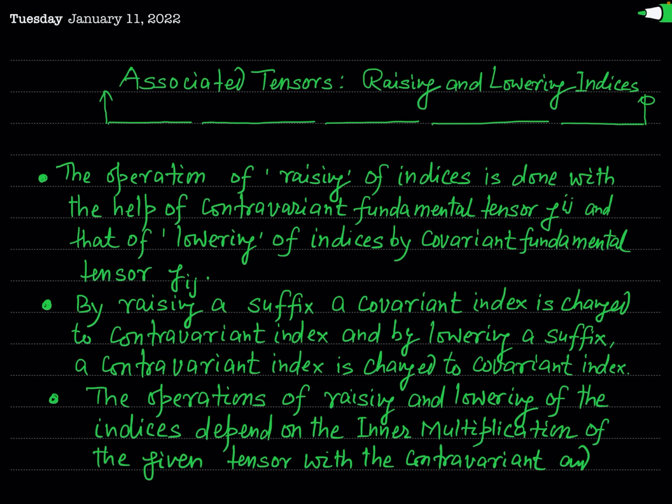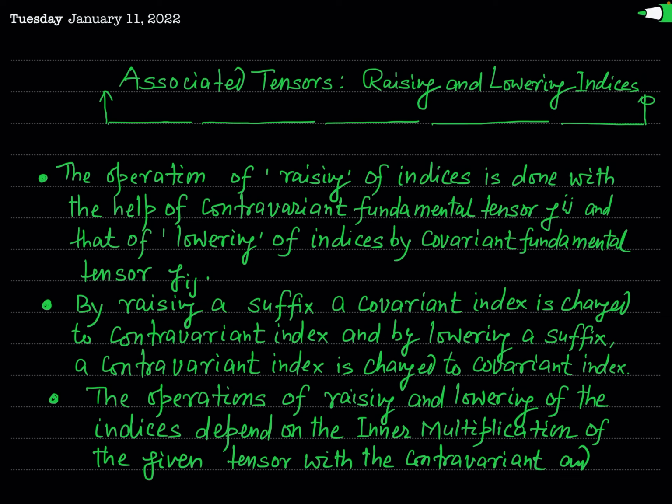In the previous two lectures in tensor analysis, we have discussed the contravariant fundamental tensor and the covariant fundamental tensor. Now we will see the application of these fundamental tensors.